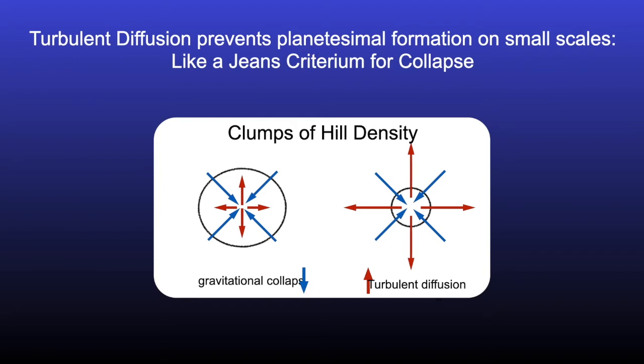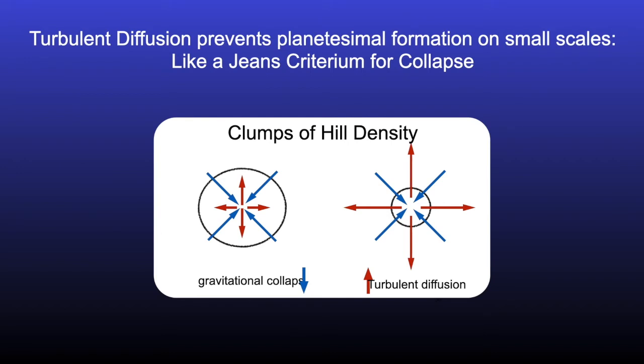So this is a big cloud which you have here, and in that the thermal pressure, or in this case the diffusion, is not strong enough to prevent collapse. And therefore it collapses. But if you have a small pebble cloud, then the gravity is not strong enough, and then the turbulent diffusion will simply destroy it.